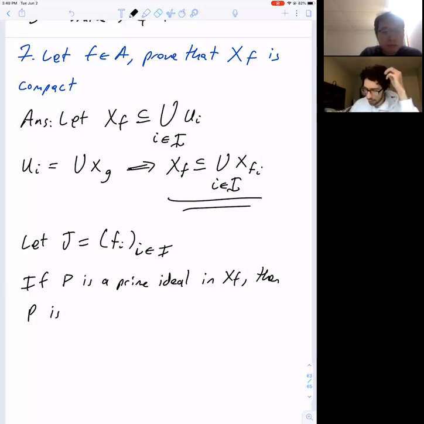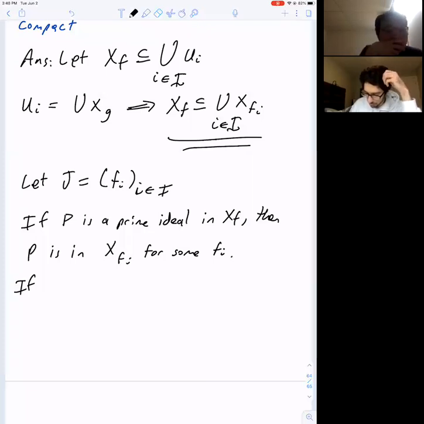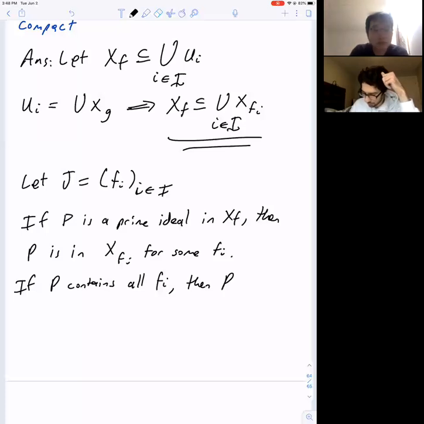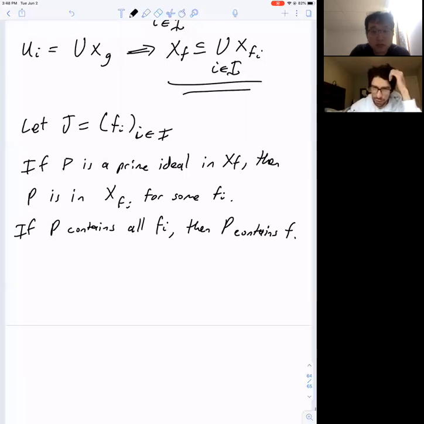So that means that if P is a prime ideal that does not contain F, then P does not contain one of the F_i. If you use the contrapositive, that means that if P contains all the F_i, then P contains F. So if P contains J, then P contains F.